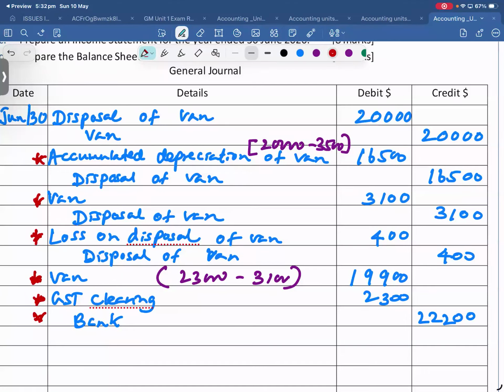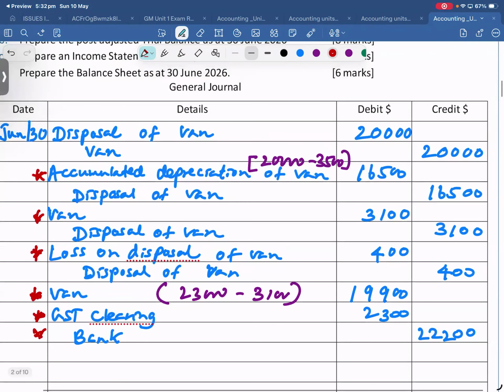Firstly, we'll go to the van. Van, what happens? 20,000 is gone and 23,000 is coming. Everyone is clear with that?